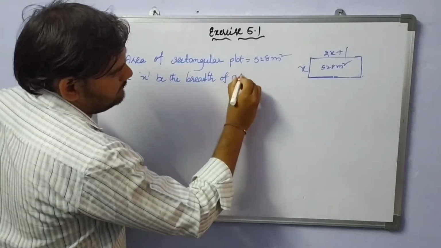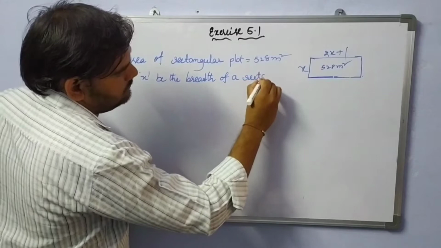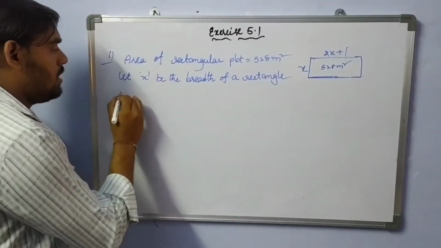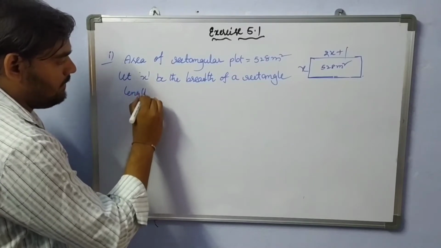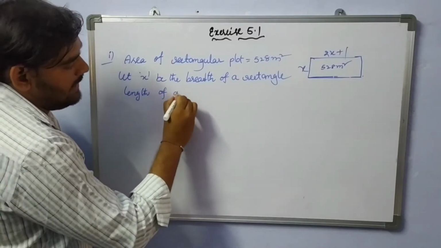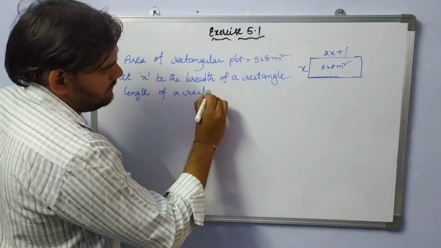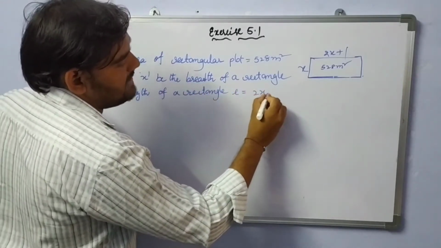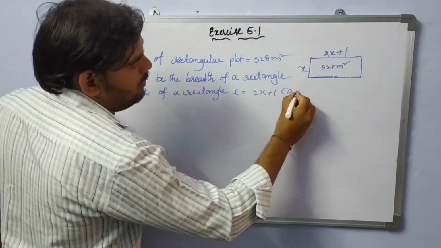So, the length of the rectangle, L, is equal to 2x plus 1 according to the problem.